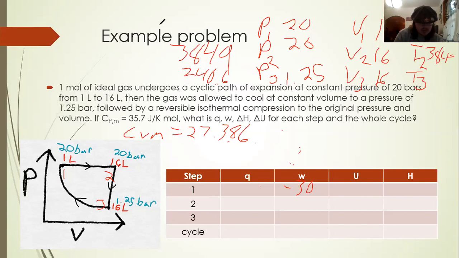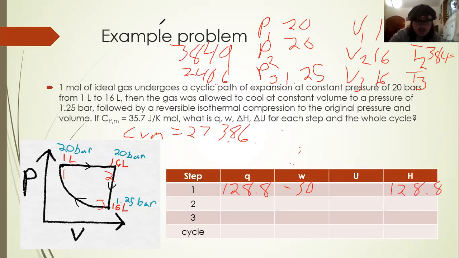And we divide by 1,000, get that into kilojoules. So we get 128.8. Okay. So C sub P, or Q sub P, is going to be 128.8.